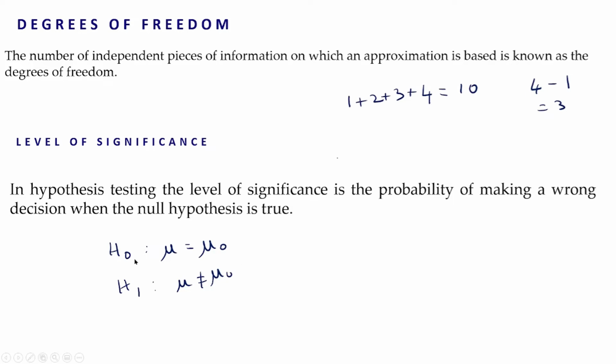Sometimes we may get the result in the t-test that the null hypothesis is rejected, but on the other hand the null hypothesis may be true. That probability of making a wrong decision, that is rejecting H0 when it is true, is called the level of significance and it is denoted by alpha.